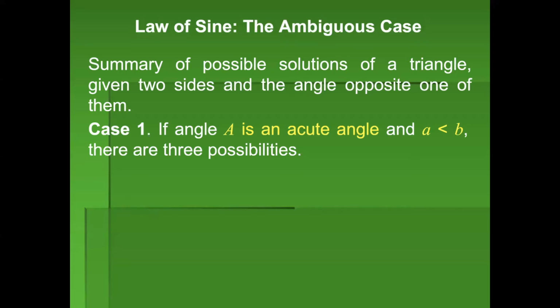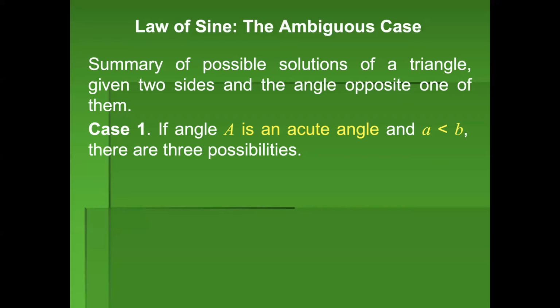For every given, let us remember that capital A is the given angle, and opposite of capital A is small a, which is the side. So small a is always opposite the given angle. And then small b is the other side given.